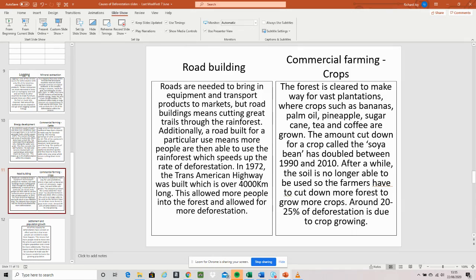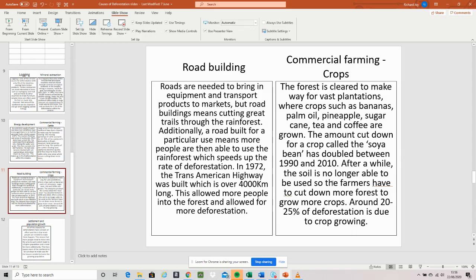And worse still, so much of this is cleared by slash and burn because it's quick. It's a great, quick way to clear the space. But that in itself releases a lot of carbon dioxide into the atmosphere, and it doesn't even make use of the natural resources that are all destroyed to create the farming land quickly, whilst the loss of forest continues to contribute to 12 to 17% of global greenhouse gas emissions.